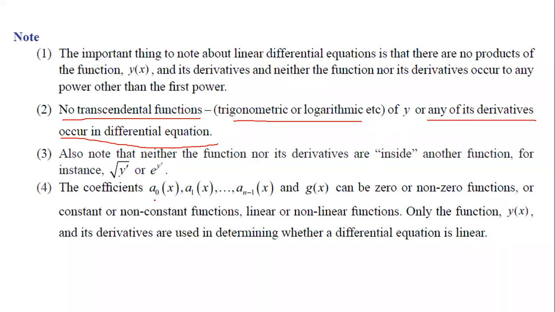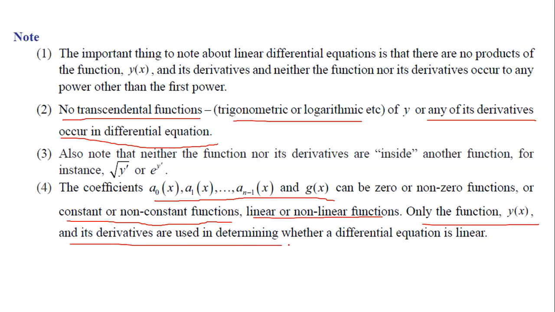See, the coefficients a naught of x, a1 of x, a n of x, g of x can be 0 or non-zero or constant. In the last slide I told you that it may be a constant or a function of x. Linear or non-linear: only the function y of x and its derivatives are used to determine whether a differential equation is linear.